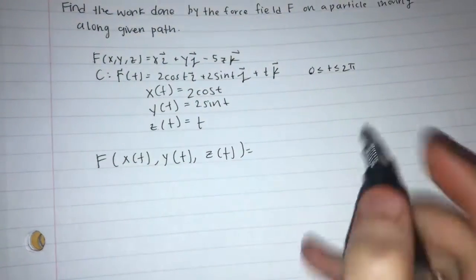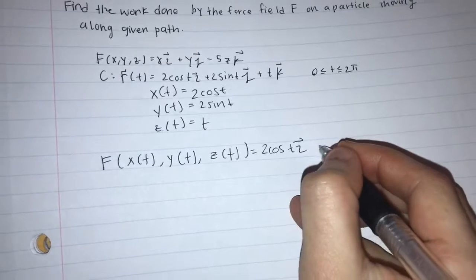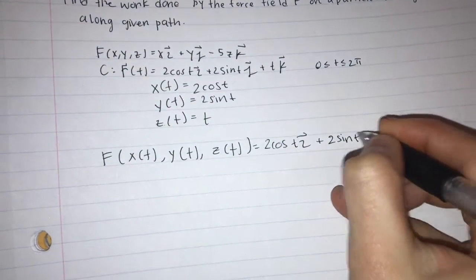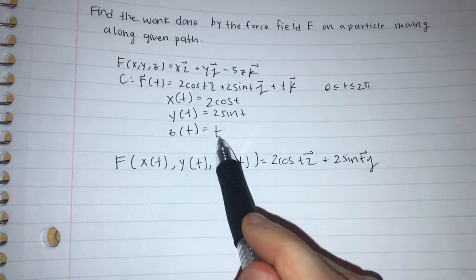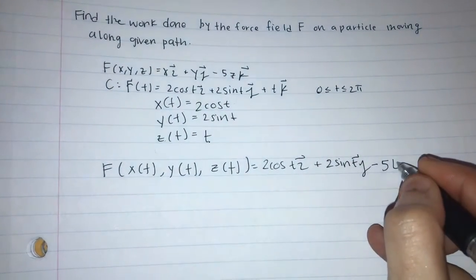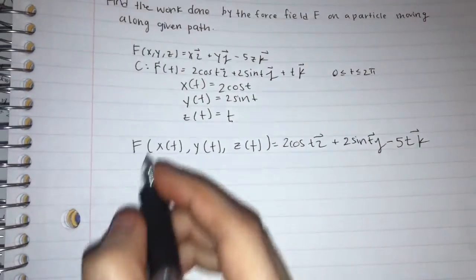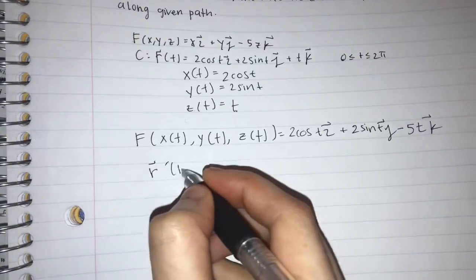So for the force field, there's just one x value, so 2 cosine t i plus 2 sine t j, and it's minus 5z, and z of t is t, so it would be minus 5t k. So this is our new force field, and now we're going to find the derivative of r of t.